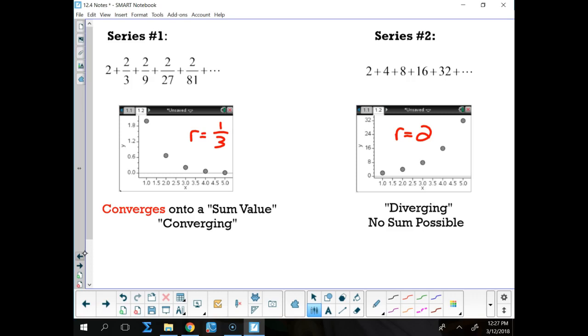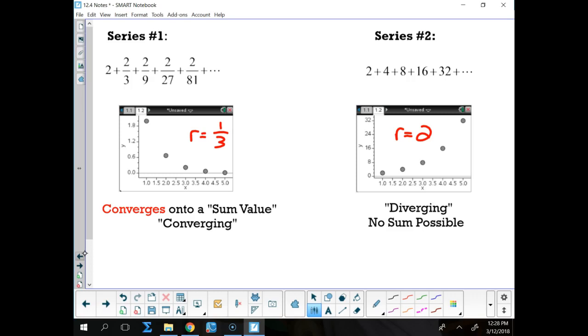I said which ones have sums. Oh, yeah, so they're negative and if they are fractions, less than 1, and negative. So our new guess now is if it has a sum, it's less than 1 and it's negative.